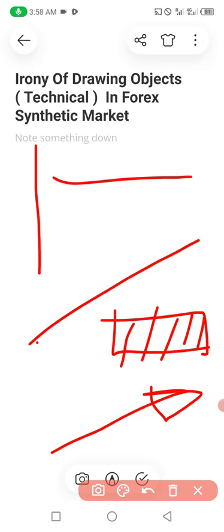These tools have disadvantages, and I'm going to talk about the disadvantages because they really lead to losses.